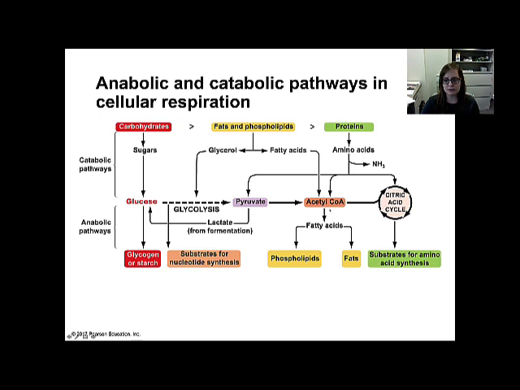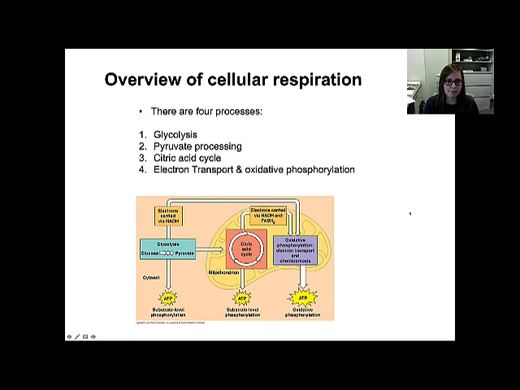So you can pull some fatty acids out of this acetyl-CoA to make phospholipids and fats. Some of the citric acid cycle intermediates are substrates for amino acid synthesis, right? So building molecules and breaking down molecules. But what I want you to remember is that there are 4 steps of cellular respiration. This might be something I ask as a quiz question. Glycolysis, pyruvate processing, the citric acid cycle, and the electron transport chain and oxidative phosphorylation.